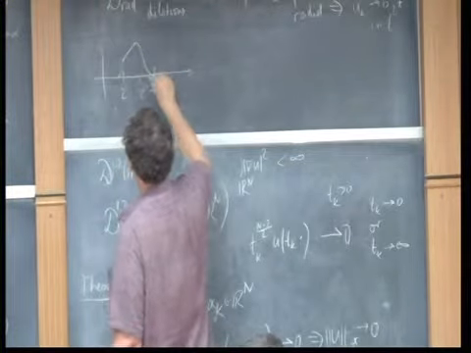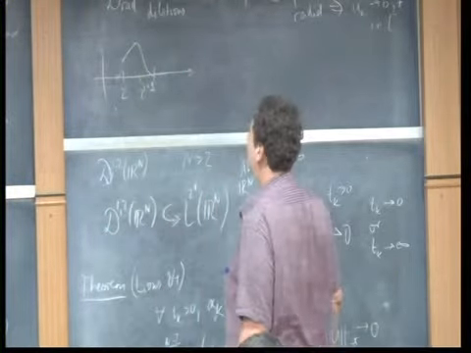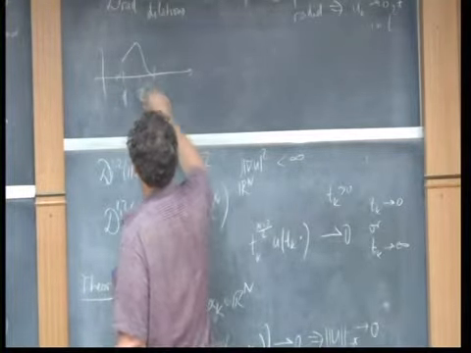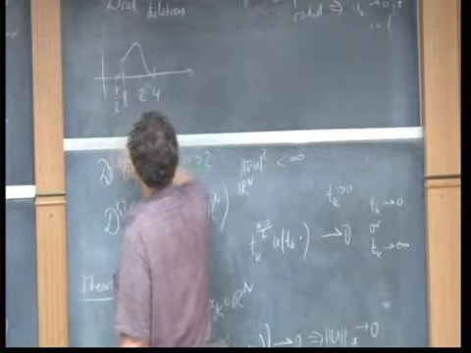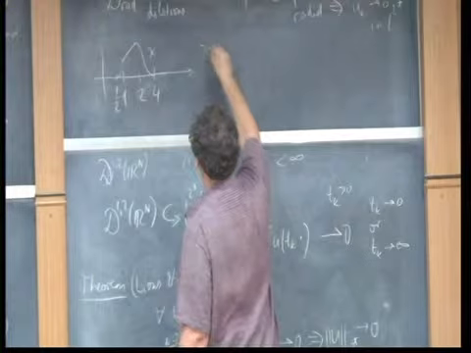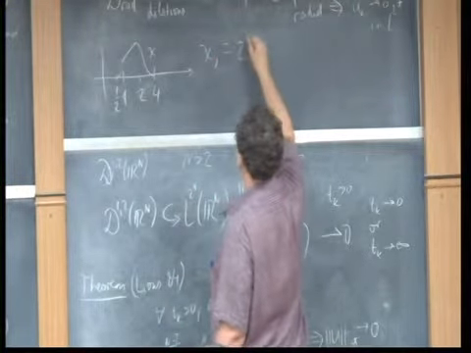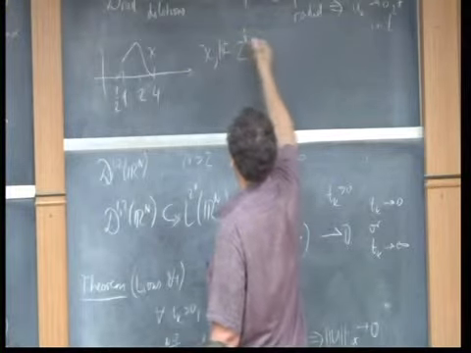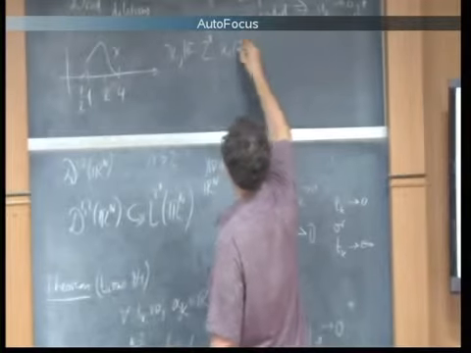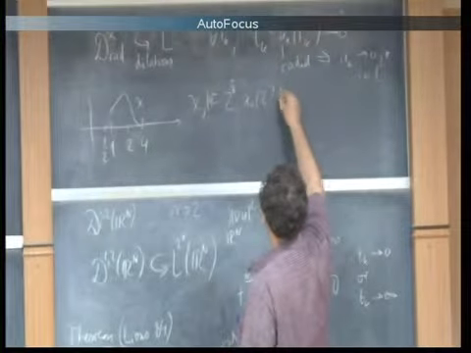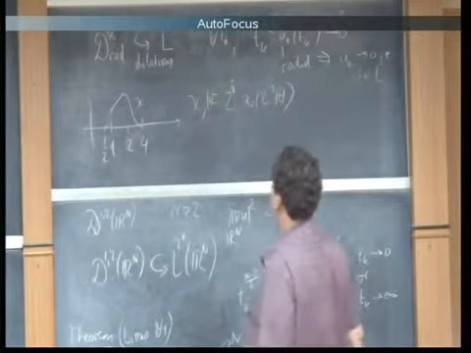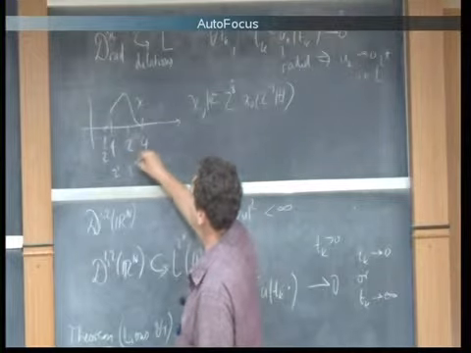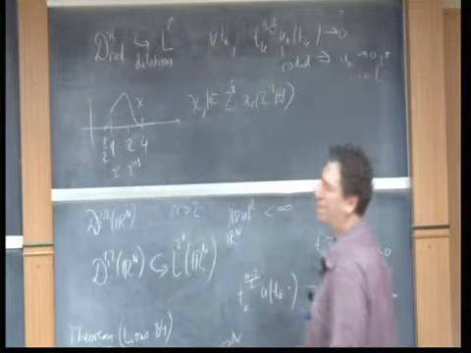It's enough to take something like this. Define the similarity: you take here 1, 2, 4, and 1/2, and take a function like this. And then define chi_j as 2^j chi_0(2^{-j} t). And this will highlight a window between 2^j and 2^{j+1}.